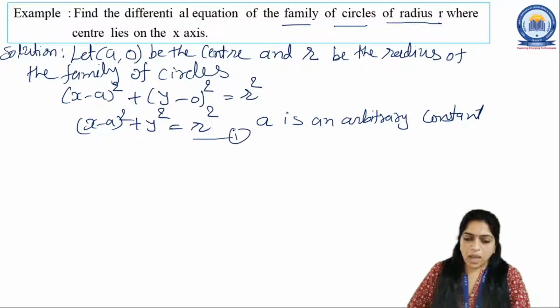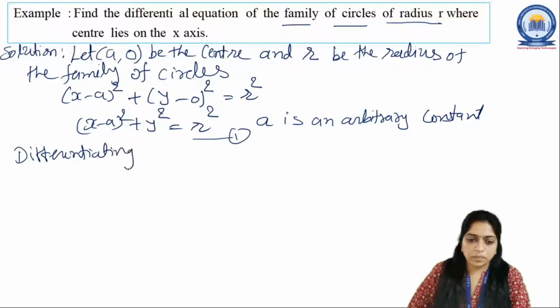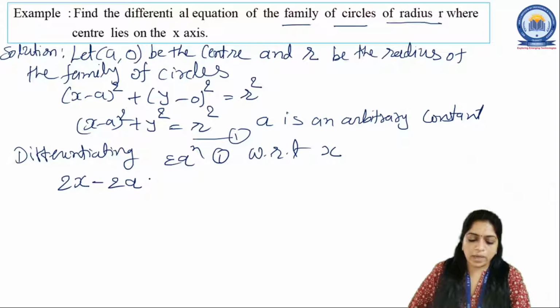Now differentiating this equation 1 with respect to x, we get 2 times (x minus a), so 2x minus 2a, plus 2y dy by dx.